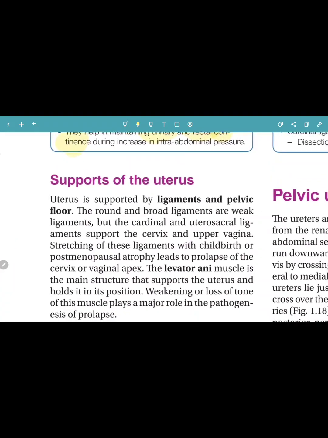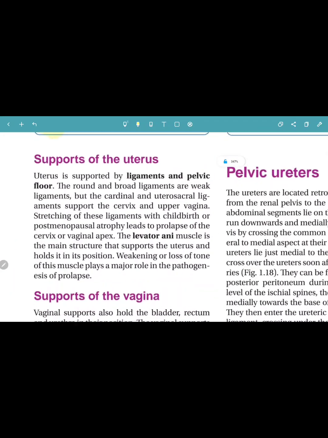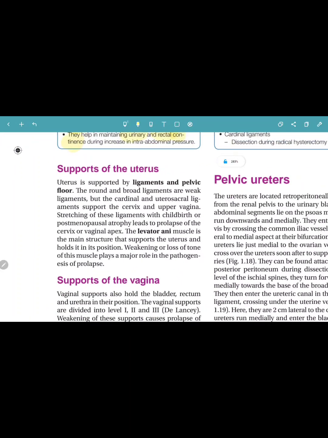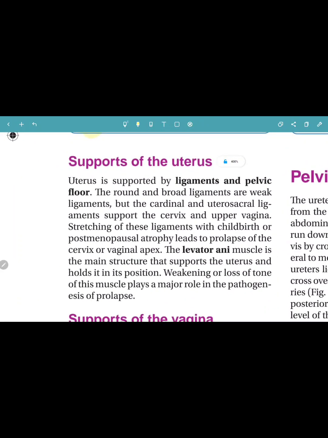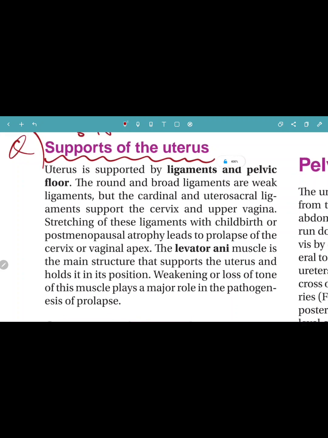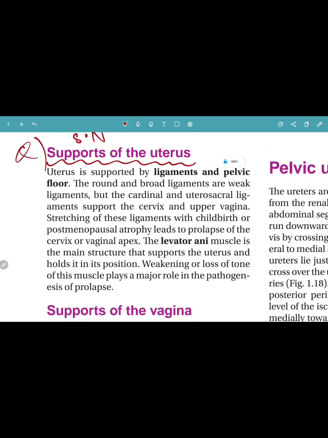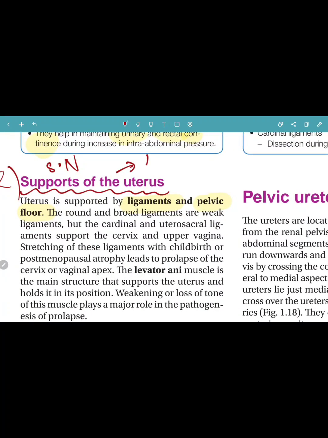Next, moving to a very important short note, supports of uterus. Write a short note on the supports of uterus is a question. So the uterus is supported by two structures, your ligaments plus your pelvic floor, both components.